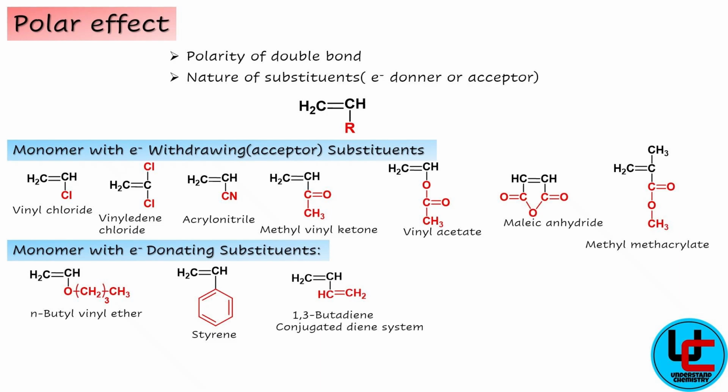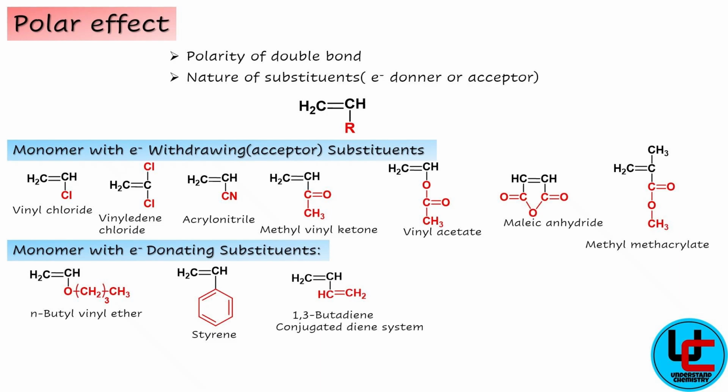On the other side, we have monomers with electron-donating substituents like alkoxy chains, as in vinyl ethers, phenyl rings, like in styrene, and conjugated systems, as in butadiene. These monomers are electron-rich, and they prefer to react with electron-deficient radicals.